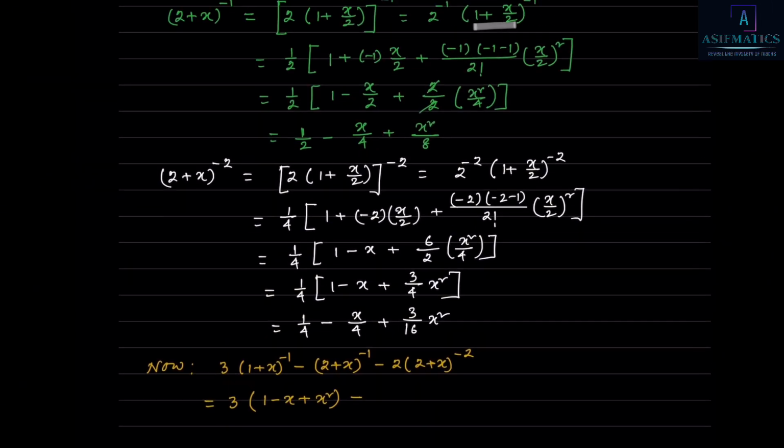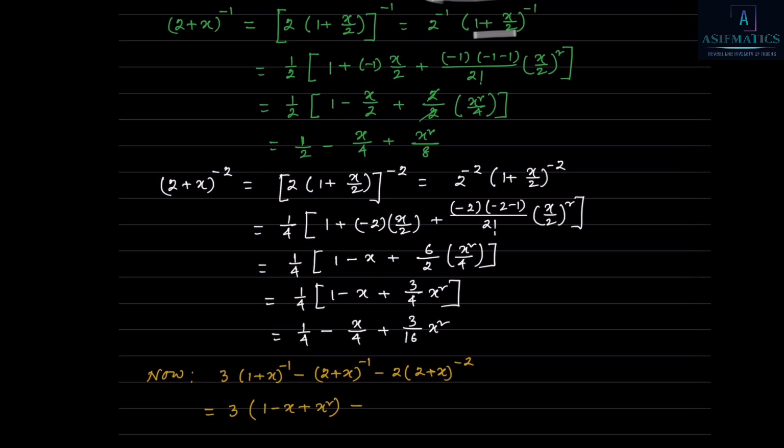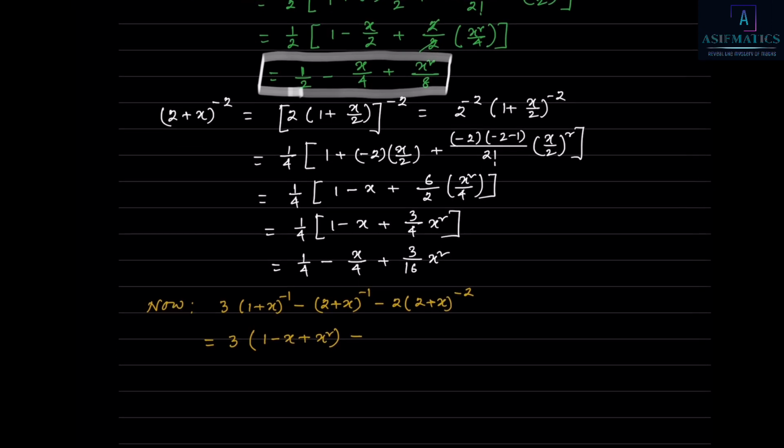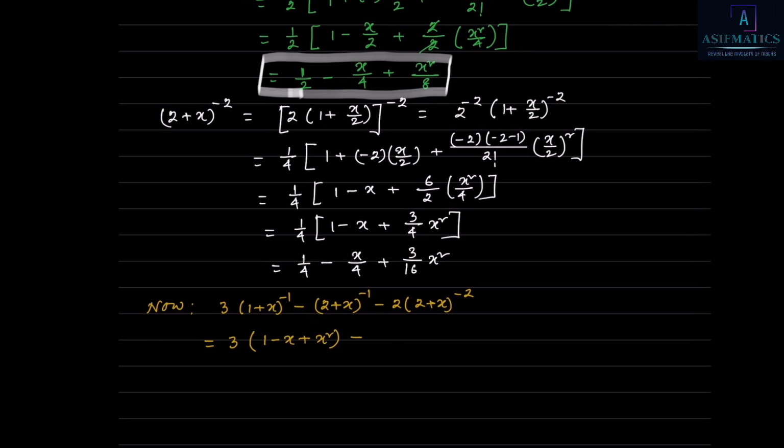Already we know the value. 2 plus x to the power negative 1 value is this one. So we can write 2 plus x to the power negative 1 value is minus, then here is 1 by 2 minus x by 4 plus x square by 8, and then minus we have 2 into 2 plus x.